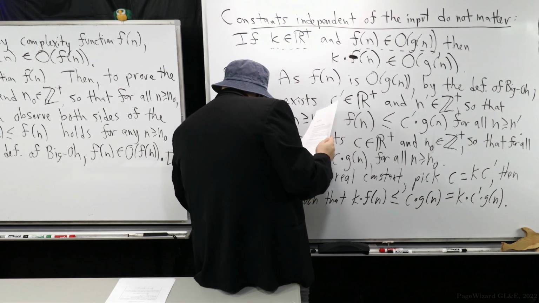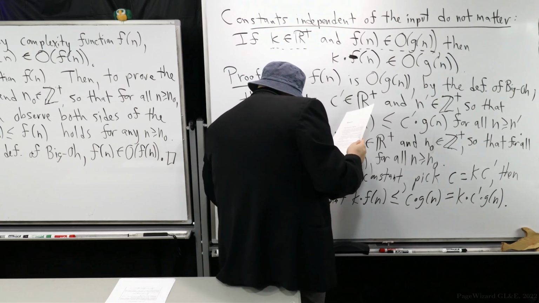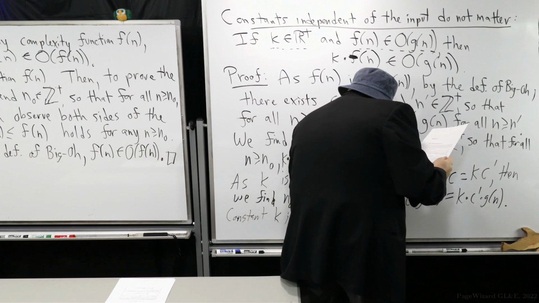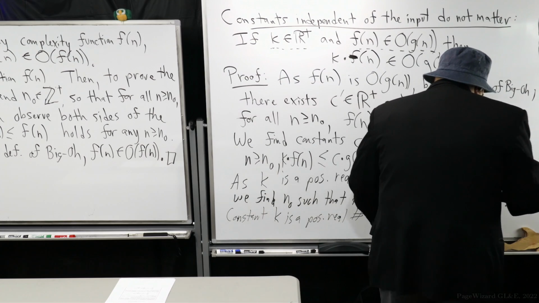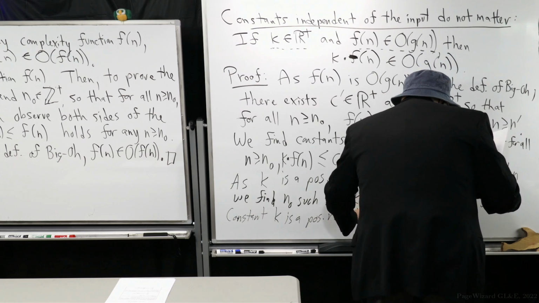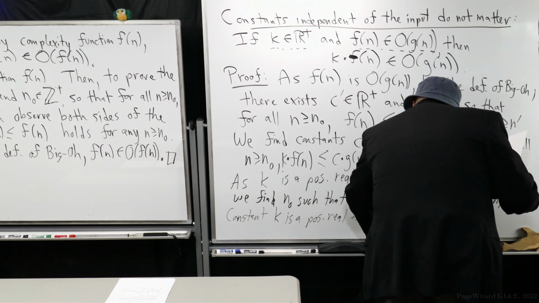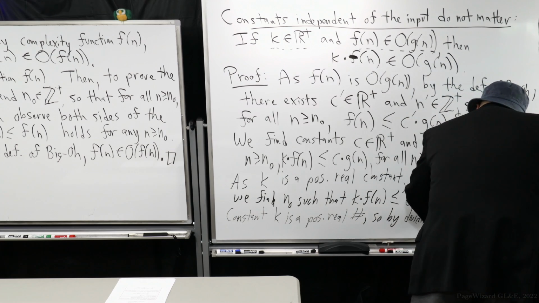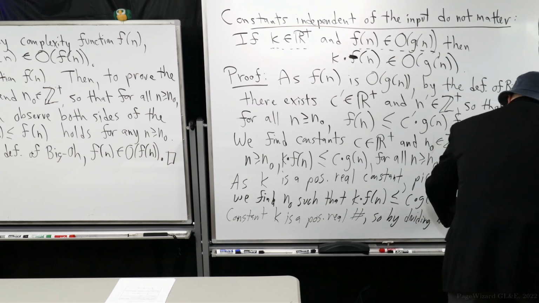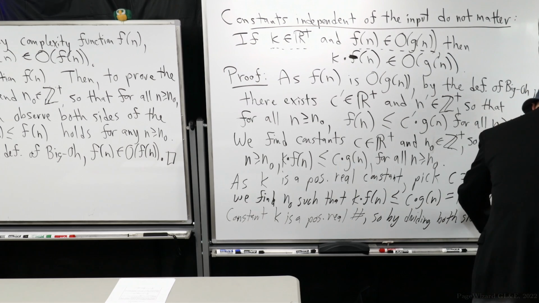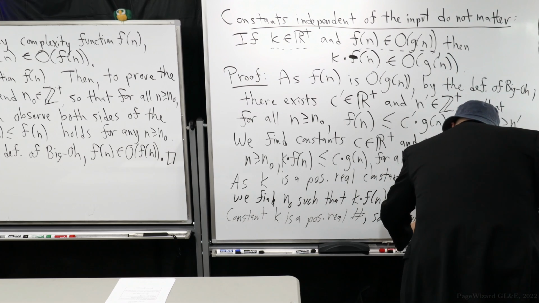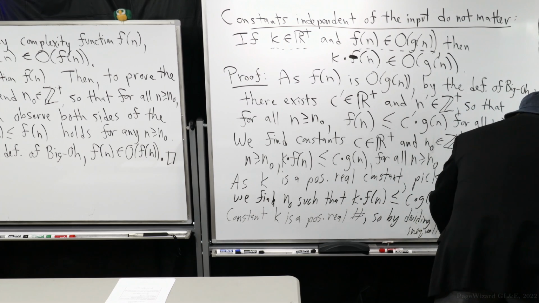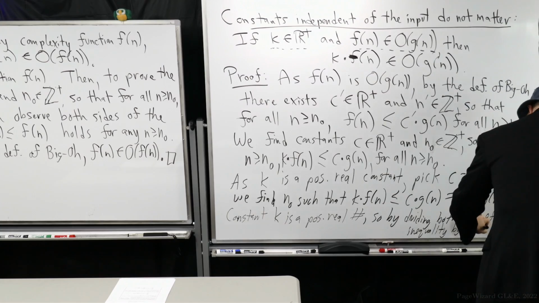So I'll say constant k is a positive real number. You should write the full word number here. I'm just doing this for the sake of brevity here. So by dividing both sides of the inequality by k, we end up as follows.